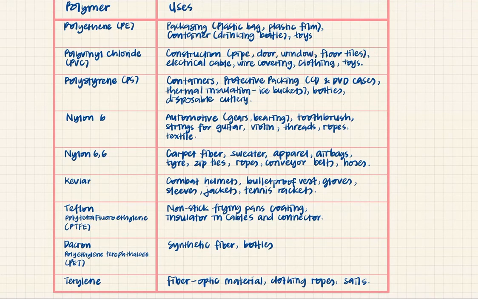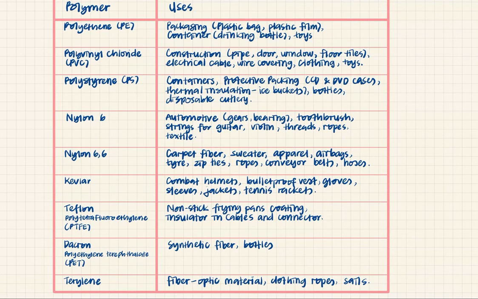It is stronger. Polystyrene, you know polystyrene, what you get when you go to a cafe. They are containers, or it can be used in making CDs and DVD cases.